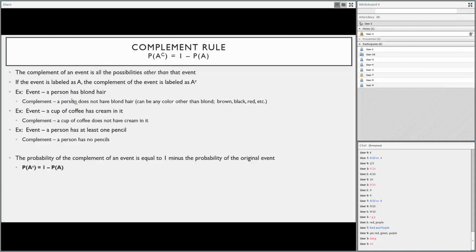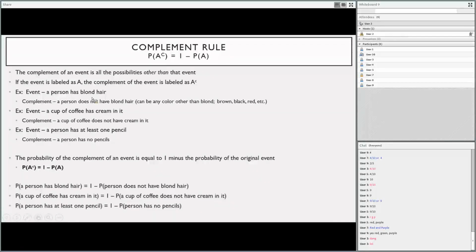The probability of the complement of A is equal to 1 minus the probability of the original event A. And also I would point out that I could have switched these. I could have had the probability of A here on the left-hand side of the equal sign and the probability of A complement here. So it works both ways. Okay, just remember one is 1 minus the probability of the other.